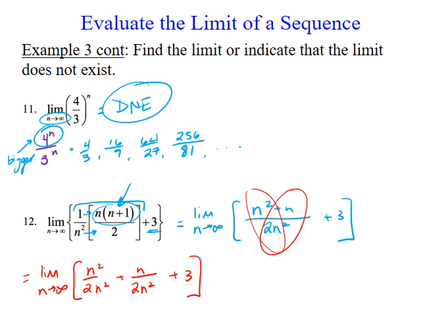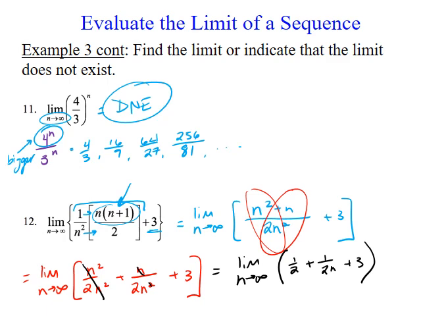Well, looking at this, these cancel out and these cancel out. So if I were to write this one more time, I end up with 1/2 plus 1 over 2n plus 3. Let's think about what happens.